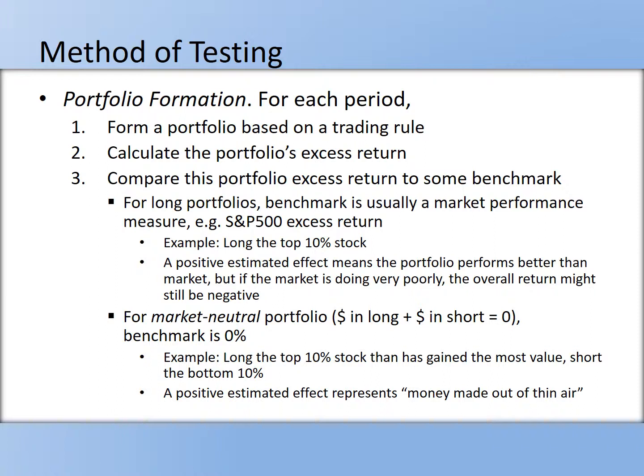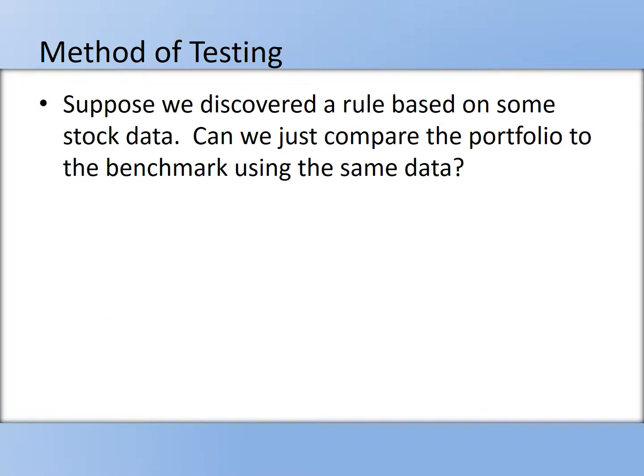So obviously it's not an easy thing to do. Hedge funds' performance has not been particularly good in recent years. It's not easy. Right. So what I mentioned last week is, now suppose we discovered a rule based on some stock data. Can we just compare the portfolio to the benchmark using the same data? And the answer is no, because you would be suffering from hindsight bias.